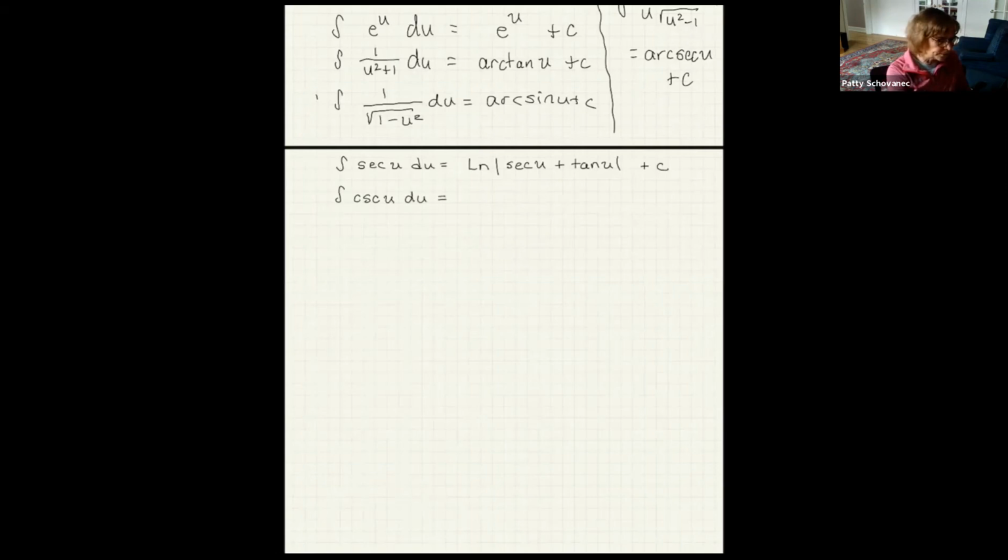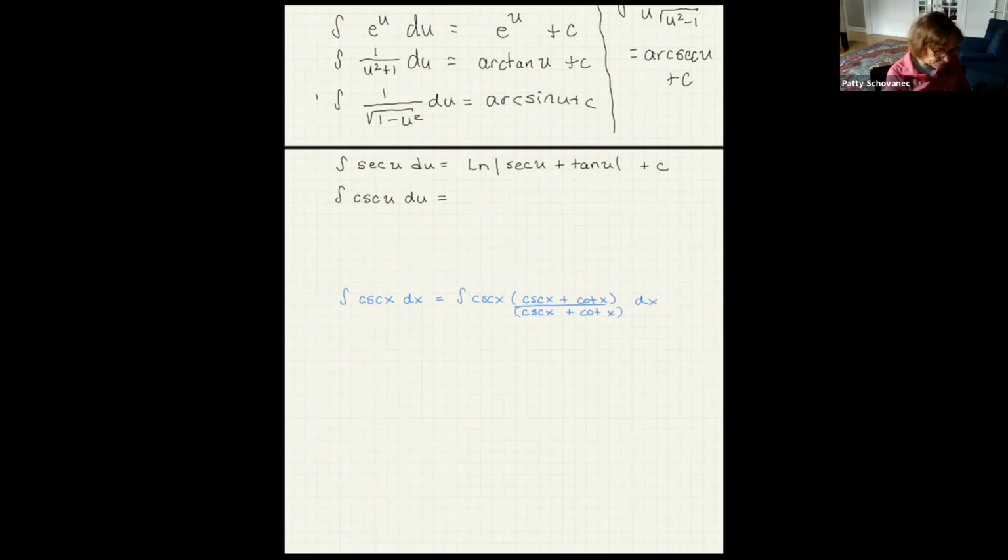Let me swap to blue. Okay, we're going to do that same trick. To find the integral of the cosecant of x dx, we multiply by 1 in the form of the cosecant of x plus the cotangent of x, put on the top and the bottom.